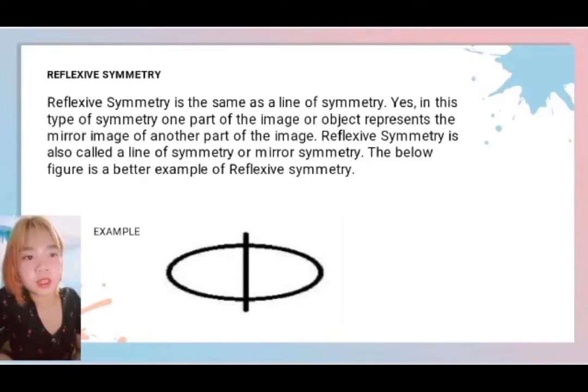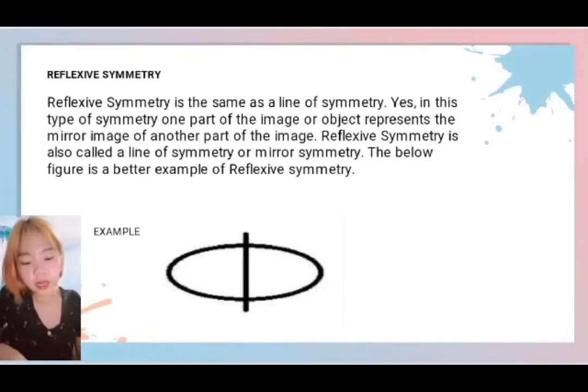Reflexive symmetry is also called line symmetry or mirror symmetry. The below figure is a better example of reflexive symmetry. So as you can see the given example, that is the most specific, pinaka the best na example na nire-represent ng reflexive symmetry.